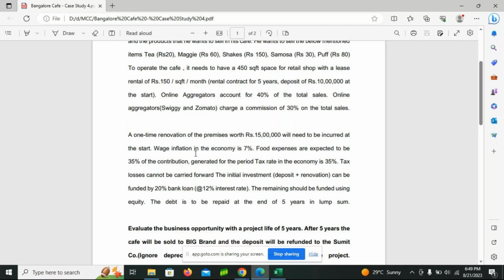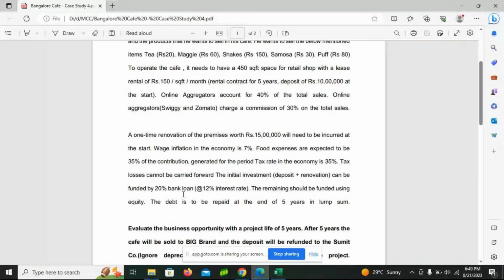Wage inflation in the economy is 7%. Food expenses are expected to be 35% of the contribution generated for the period. The tax rate in the economy is 35%. Tax losses cannot be carried forward. The initial investments, deposit plus renovation, can be funded by 20% of bank loan.